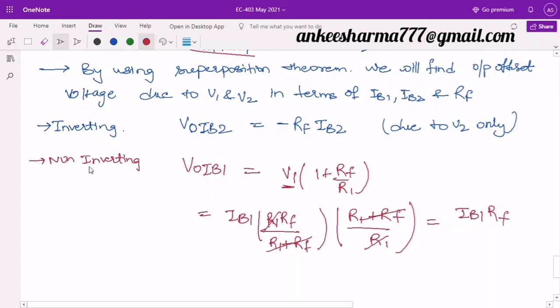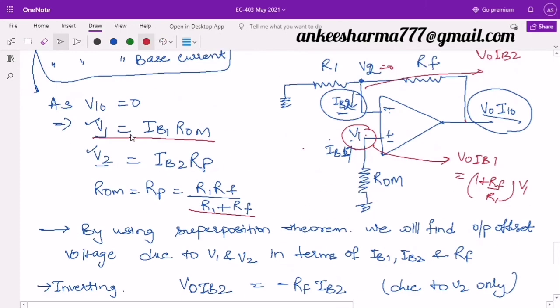So we have obtained the output voltages VOIB1 and VOIB2, or simply the output voltages due to the base current. Now these two voltages are different in magnitude because one is applied at the inverting terminal and the other is applied at the non-inverting terminal. It means definitely these two output voltages will cancel out each other.